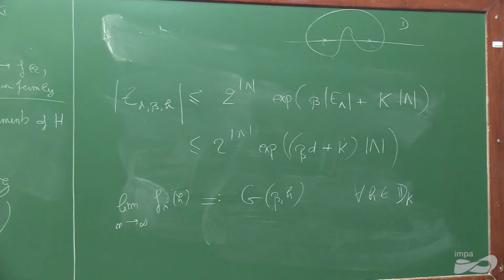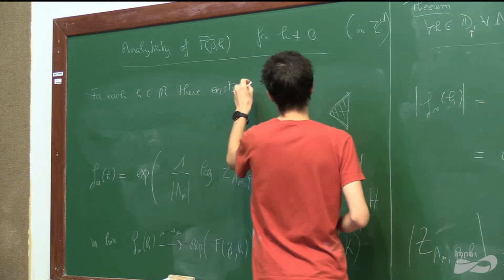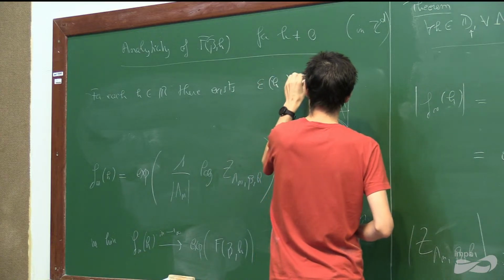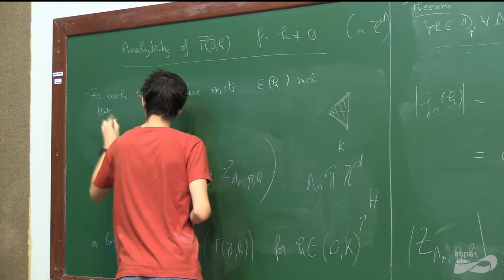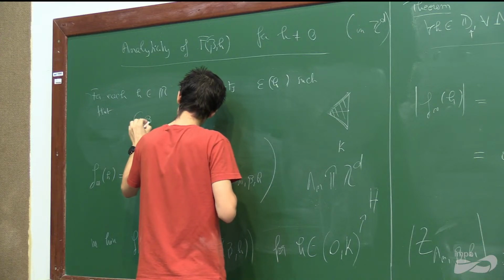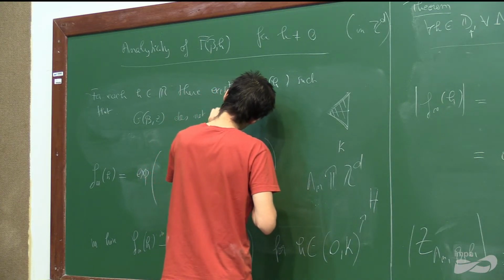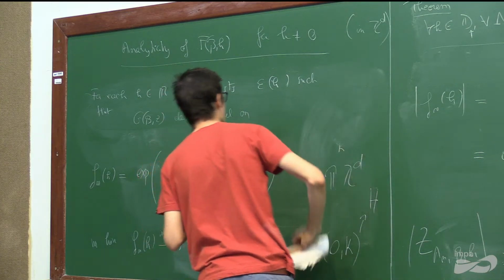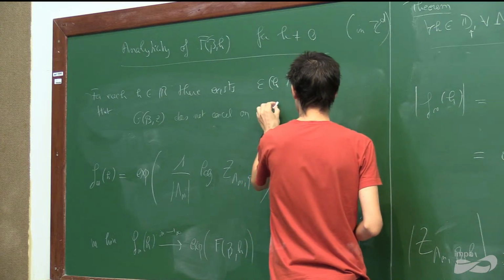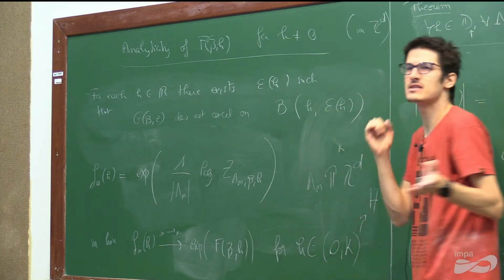So for each h in R, there exists epsilon h such that G beta z does not cancel on the Euclidean ball of center h and of radius epsilon h. This is just by continuity.